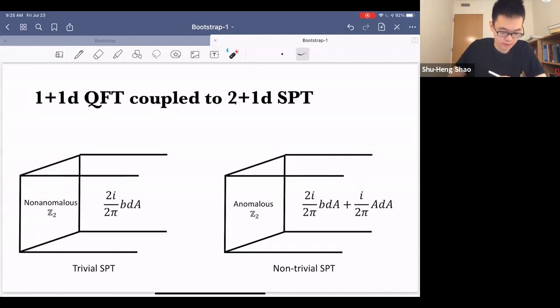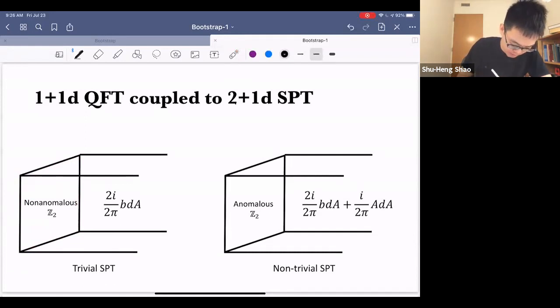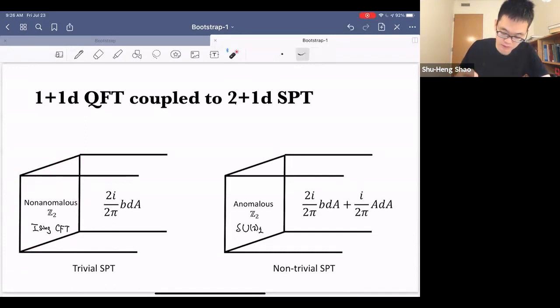There are 2 cases to discuss. The first case is when the Z2 is non-anomalous. For example, you can take it to be the Ising CFT. In the second case, the Z2 is anomalous, which, for example, you can take it to be the SU2 level 1 WZW model. The anomalous Z2 is the purple diagonal Z2 we talked about. In terms of the SU2 Kac-Moody algebra, that's the center Z2 of the SU2 level 1.